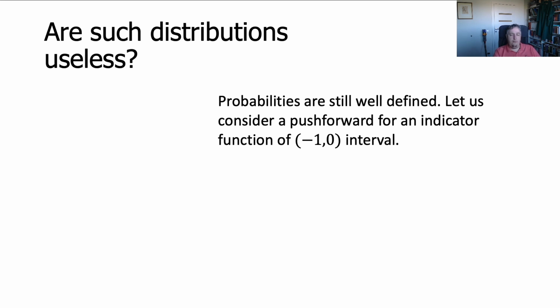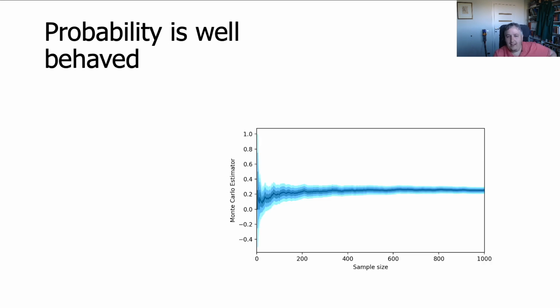So, for example, if we want to compute the probability of the value of the parameter being between -1 and 0, we just compute the expectation of the indicator function. And the expectation of the indicator function exists because it is a function of our probability distribution, not the probability distribution itself. And as you can see, it converges very nicely, and the additional spikes do not happen here, because if a sample occurs outside of the interval of our interest, it does not change anything.